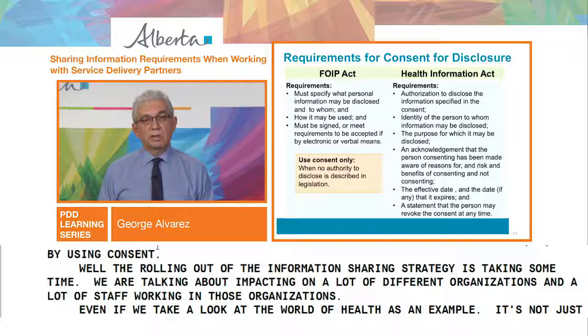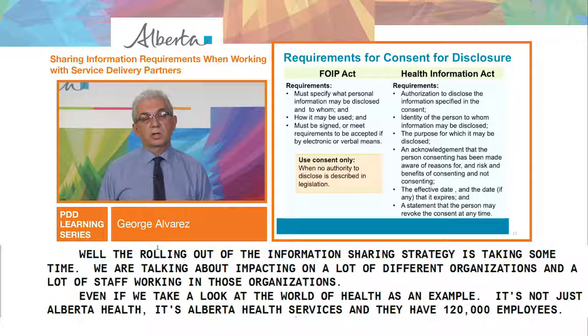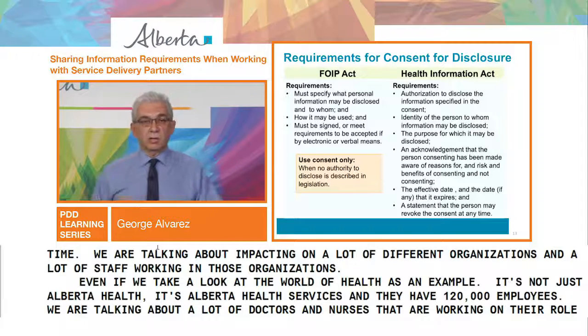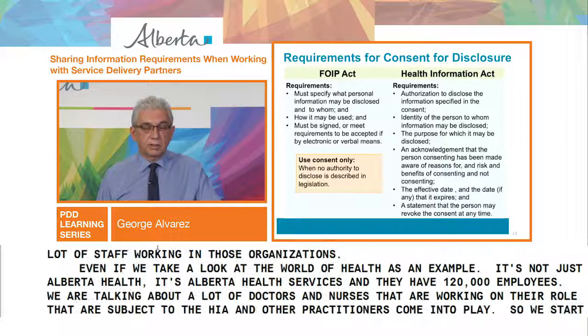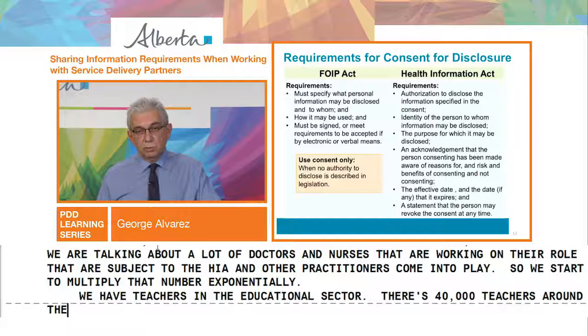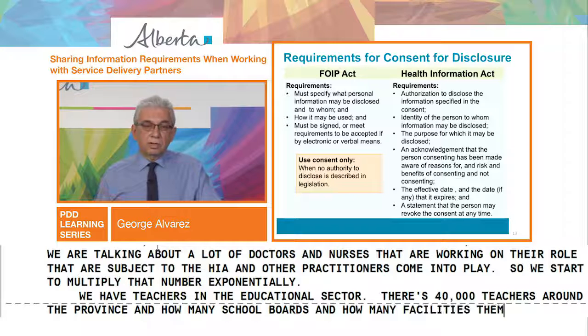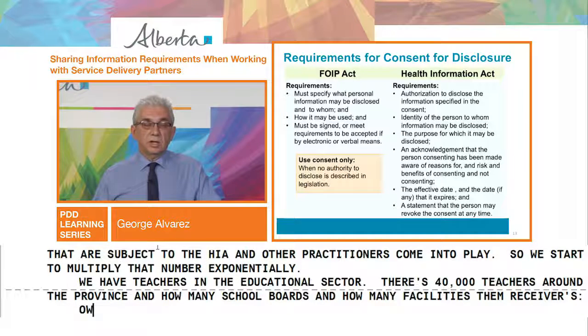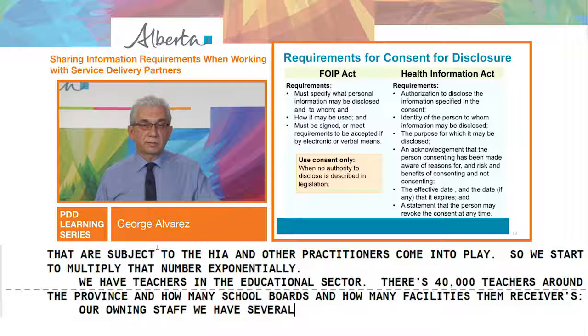We are talking about a lot of doctors and nurses that are working on their own that are also subject to the HIA, and so other practitioners come into play. So we start to multiply that number exponentially. We have teachers in the education sector. There's 40,000 teachers around the province, and how many school boards and how many facilities themselves. Our own staff, we've got several thousand staff, and we contract with thousands of agencies across our various programs.